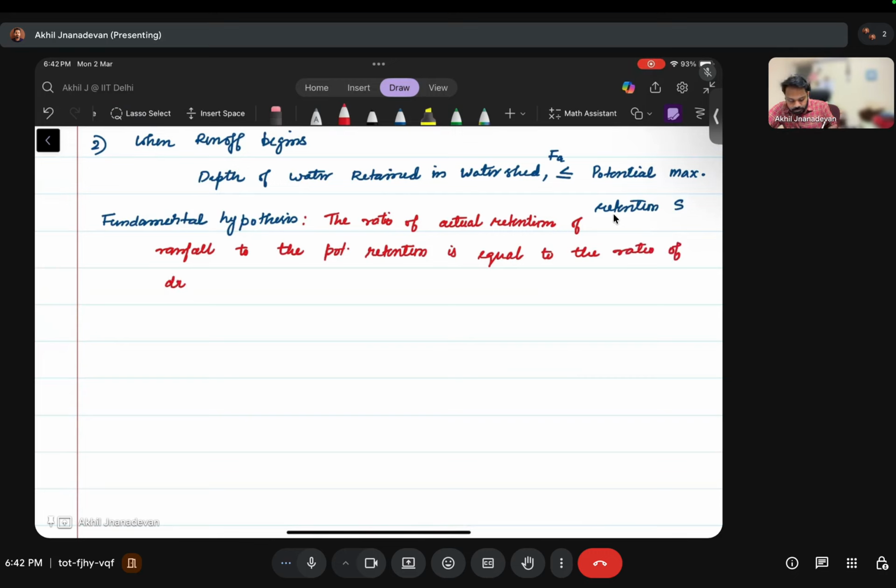direct runoff to the potential rainfall minus initial abstraction.